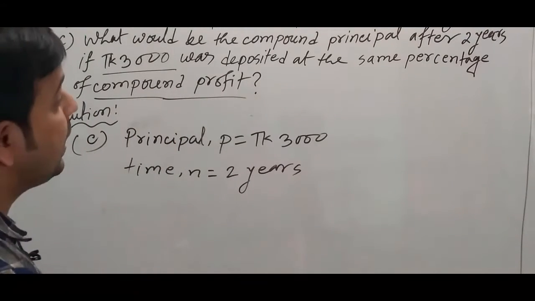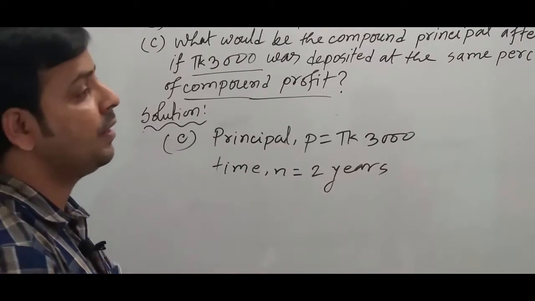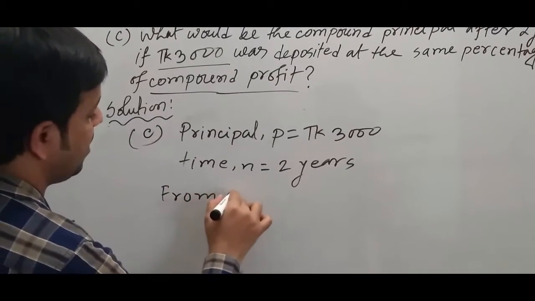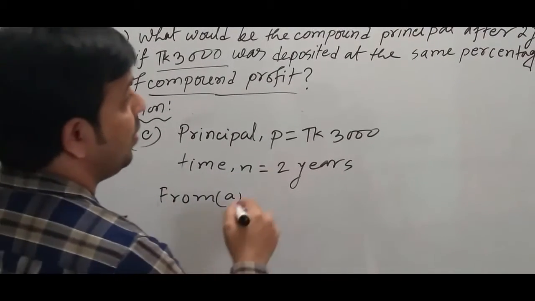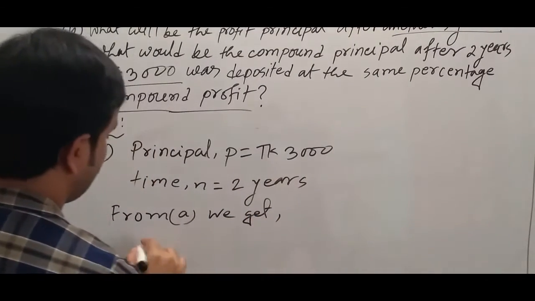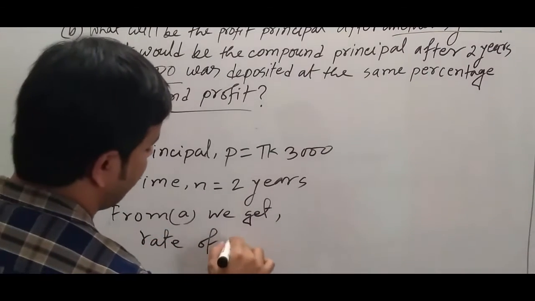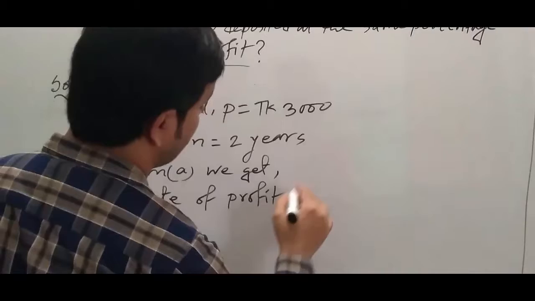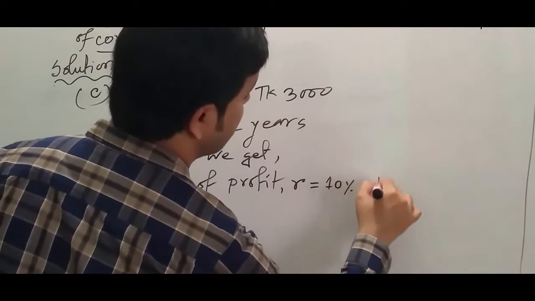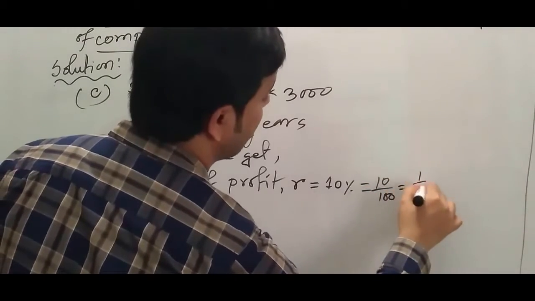Now we have to use the rate of profit from question A. From A we get the rate of profit R equal to 10%, means 10 by 100, it means 1 by 10.